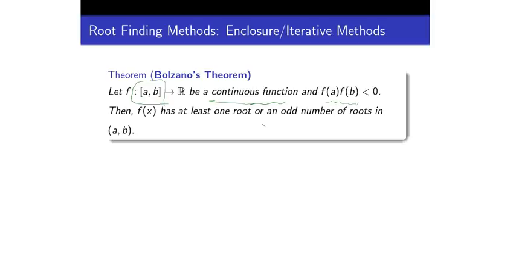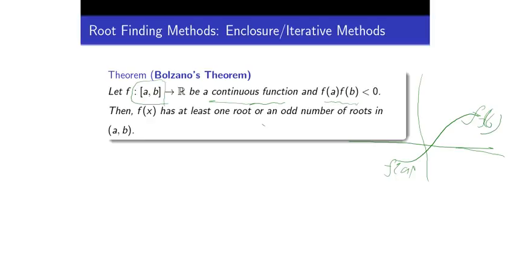Suppose the graph is like this: f of a is here and this is f of b. When f is continuous and f of a lies either below or above f of b, the curve will always intersect the x-axis.